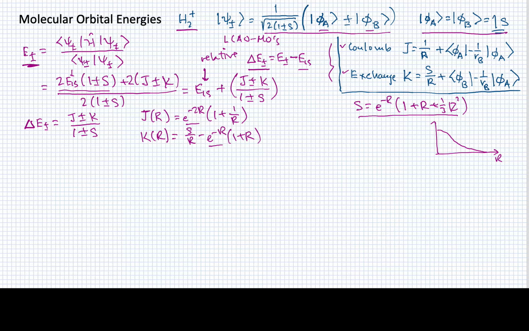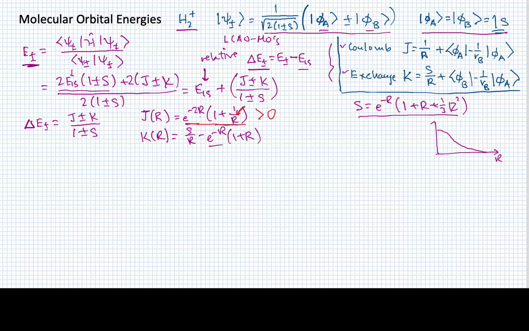All right, what about the stuff in parentheses? Well, for the J integral, the stuff in parentheses is 1 plus 1 over R. R is a positive number, so all of this represents positive quantities. So J is a number that has to be greater than 0. And as R goes to 0, it's going to blow up because this term is going to get really large, and this term is going to go to 1, so I'll have 1 divided by some really small number.